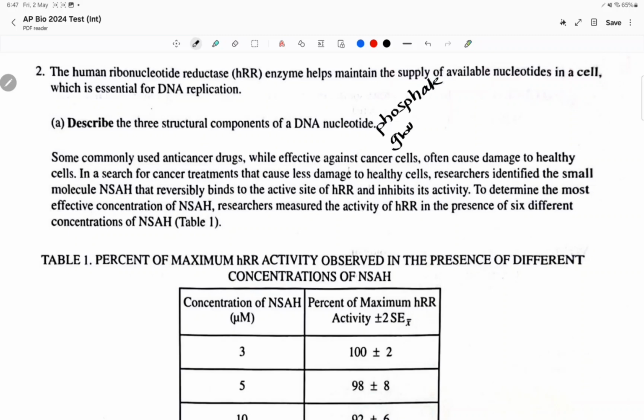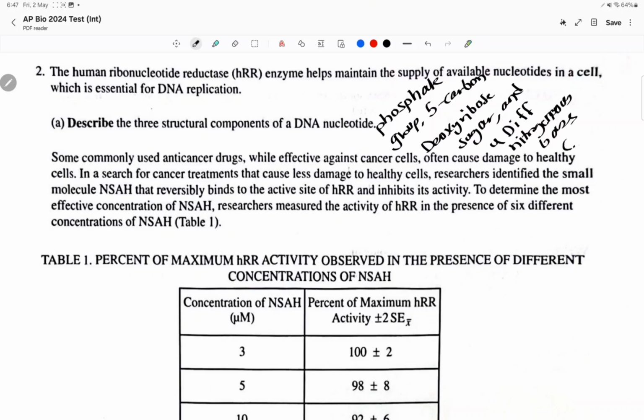The phosphate group, the 5-carbon deoxyribose sugar, and 4 different nitrogenous bases. So A, T, C, G.